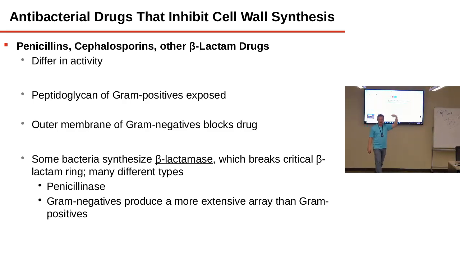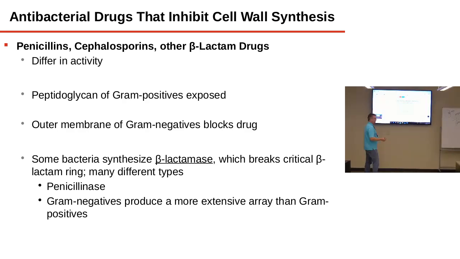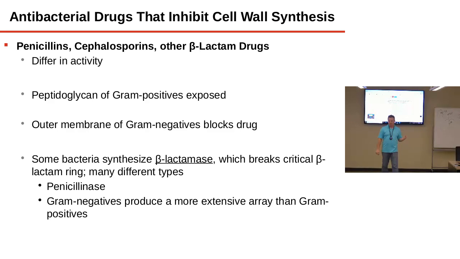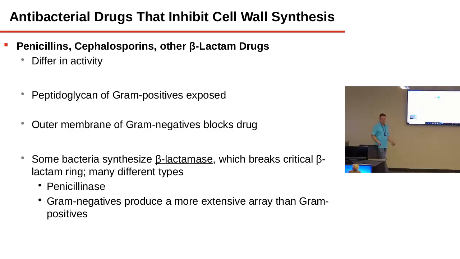The enzymes are out on the outside building that peptidoglycan cell wall of the gram-positives, so it's very easy for the drug to get to them and block it. When it comes to the gram-negatives, that drug has to get through the LPS layer into the interior portion to block the enzyme and keep it from building it. So a lot of times the gram-negatives are going to be resistant because it's difficult for the drug to get there in the first place. But for a gram-positive, it works out pretty well most of the time.